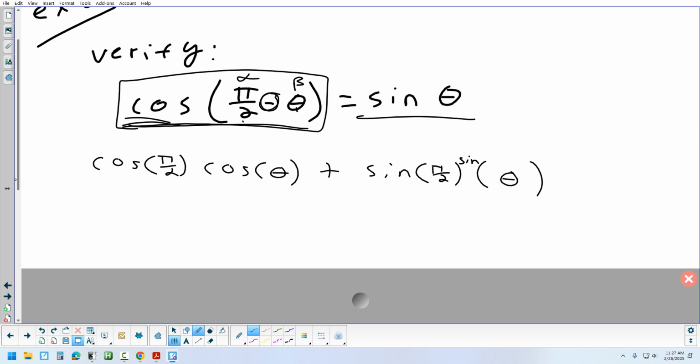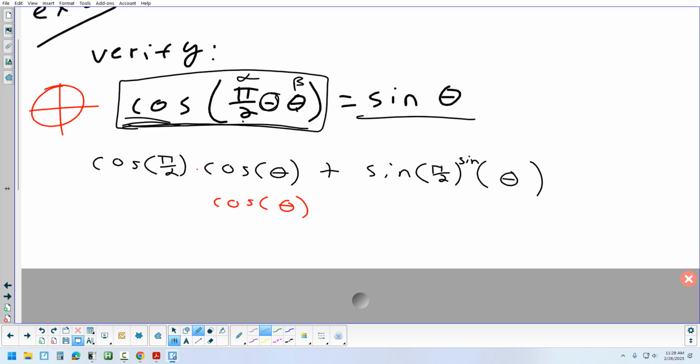All right. So now, some of that we can simplify, some of it we can't. Out of the two factors on the left, which one can we simplify? Right, because that's a number. Cosine theta, well, can't do anything with that. But cosine of pi over 2. Think about pi over 2.